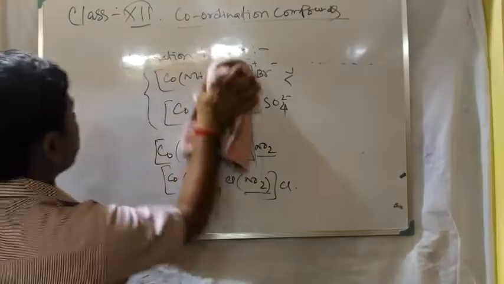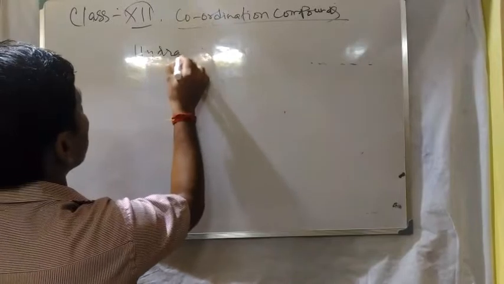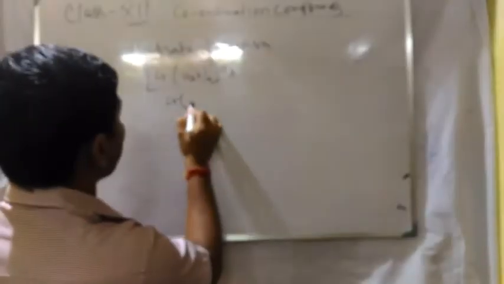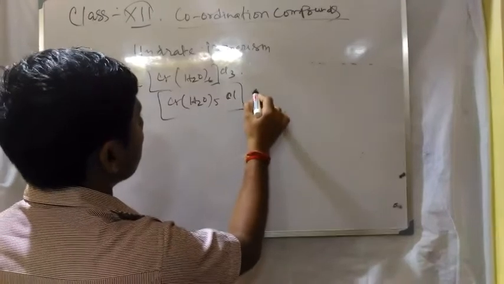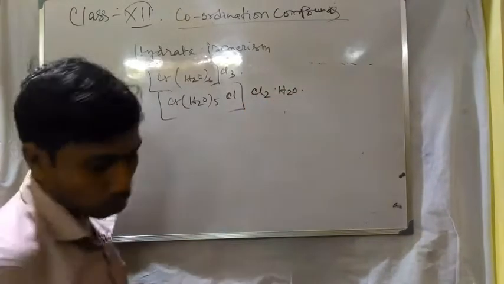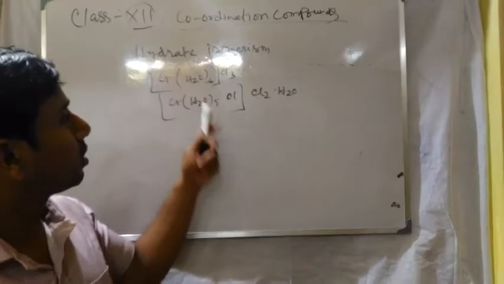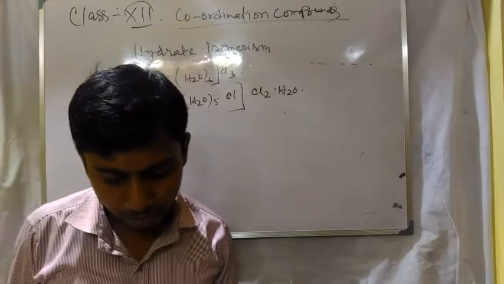Hydrate isomerism. One example, [Cr(H2O)6]Cl3, and another of the same kind, [Cr(H2O)5Cl]Cl2·H2O. So in the first case the number of water molecules as ligand in the coordination entity is 6, but in the second case it is 5, right?